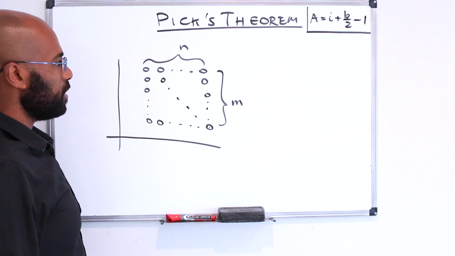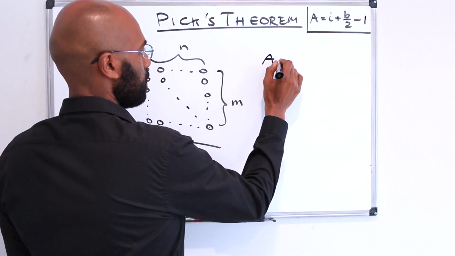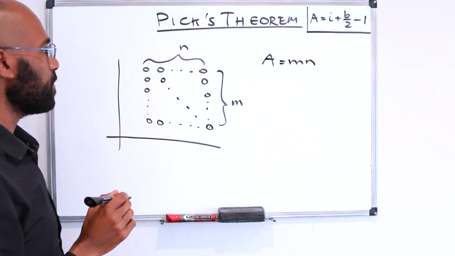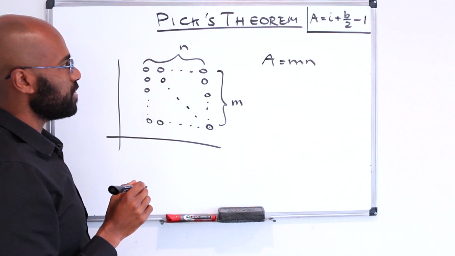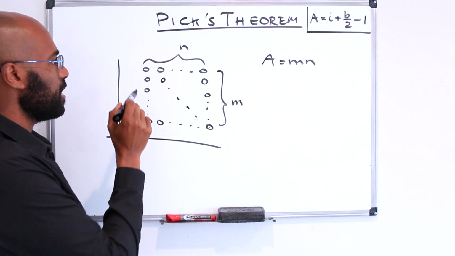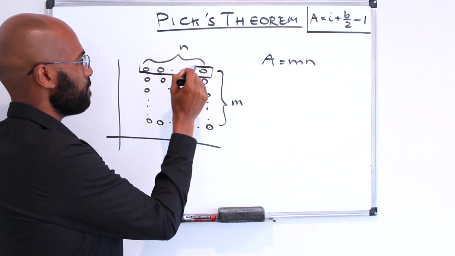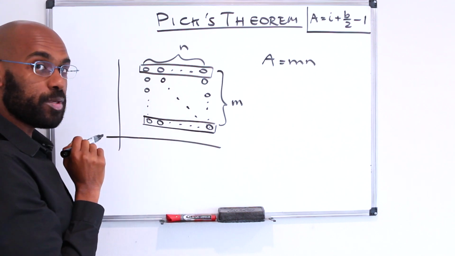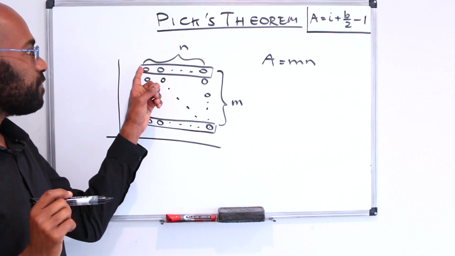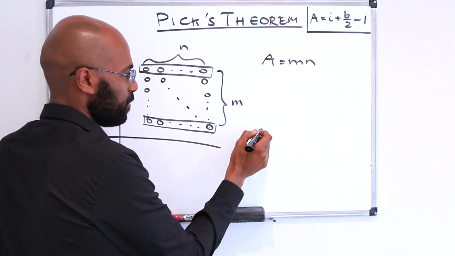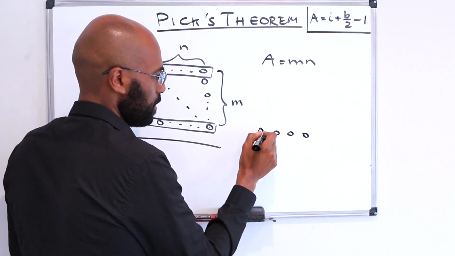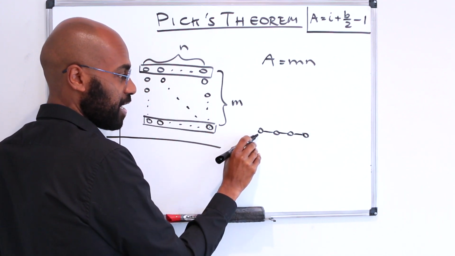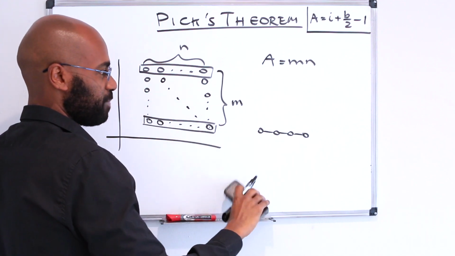All right, so let's take a look. So first of all, the area, because it has dimensions m and n, is m times n. Okay, so now what about the number of interior and boundary points? Let's count the boundary points. So we have n boundary points right over here, and n over here as well. Or do we? The length of this thing is n. So for example, if it had length 3, we'd have 3 length 1 line segments, which actually gives us 4 boundary points there.